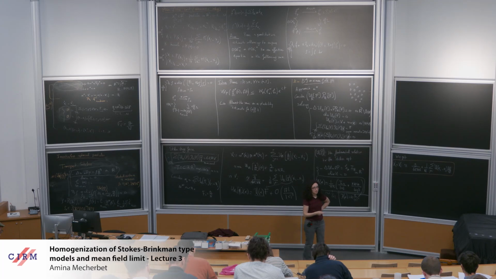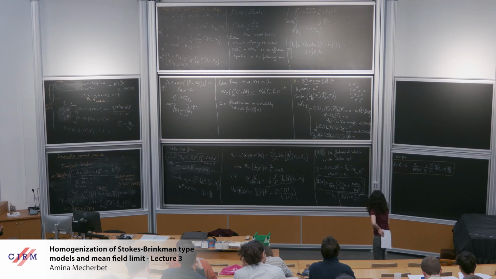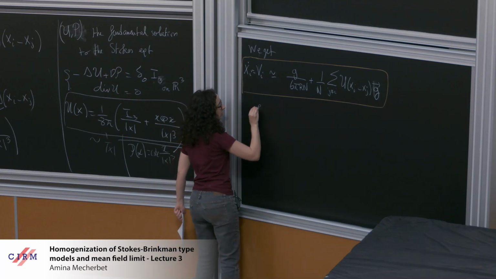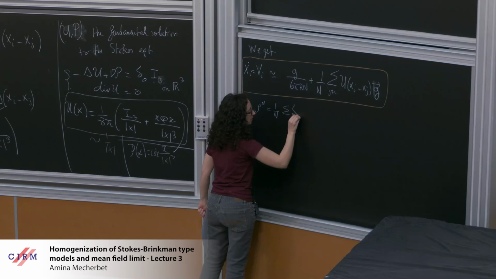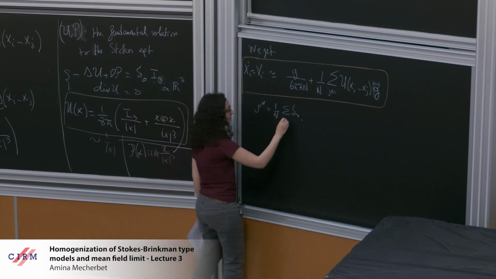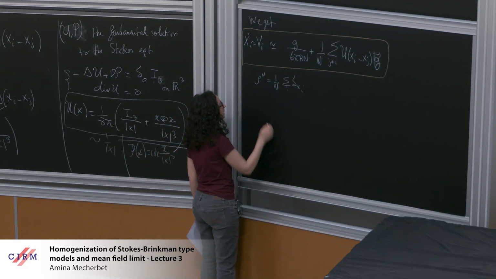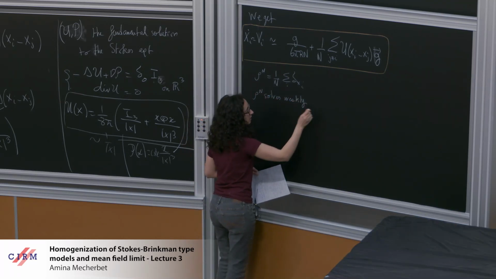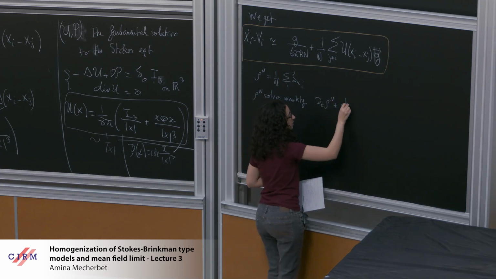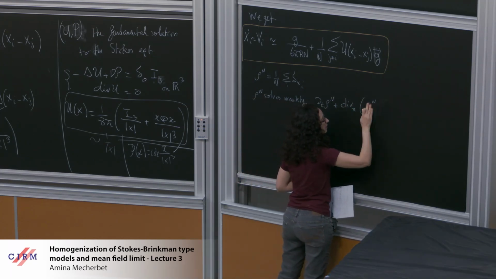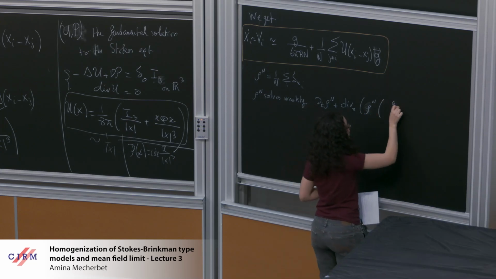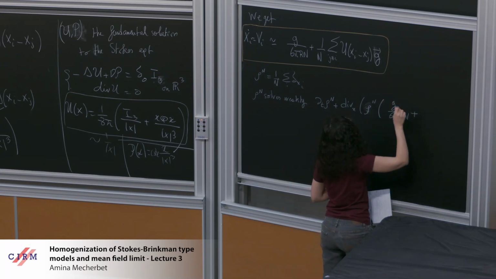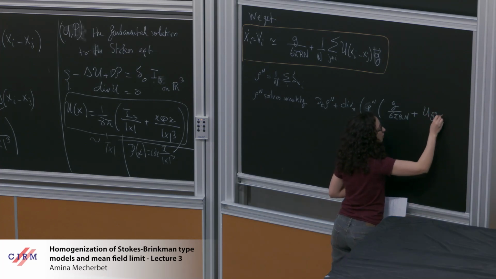And we can guess the limit system, exactly as we did for these examples there. You see that if you call rho n the sum of these Dirac masses, rho n solves weakly d_t rho n plus the divergence of rho n times u_n convoluted with rho n.